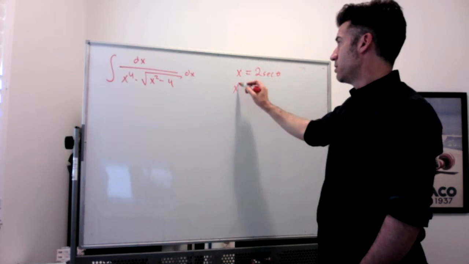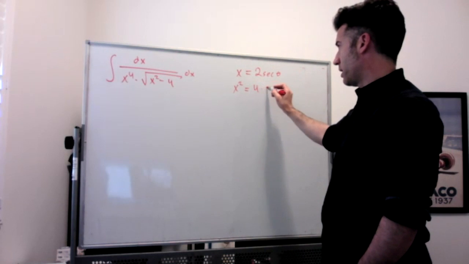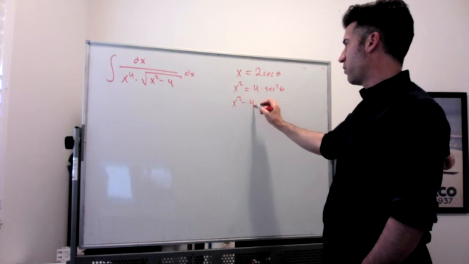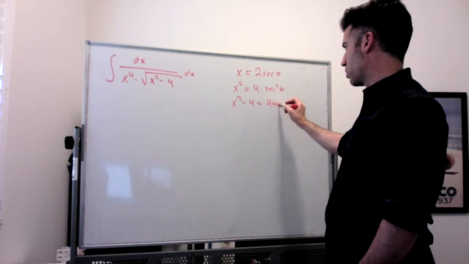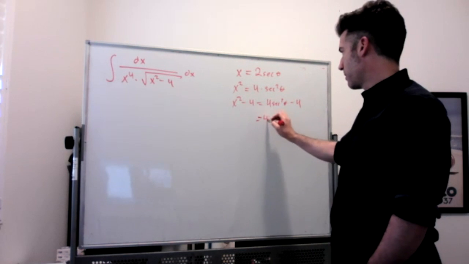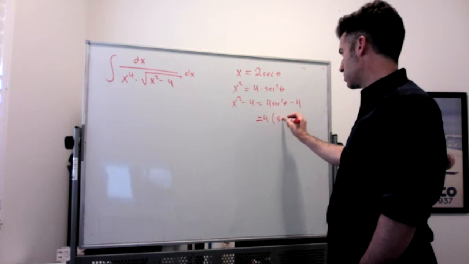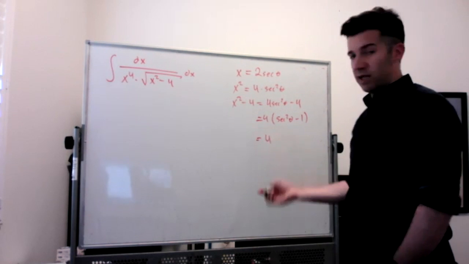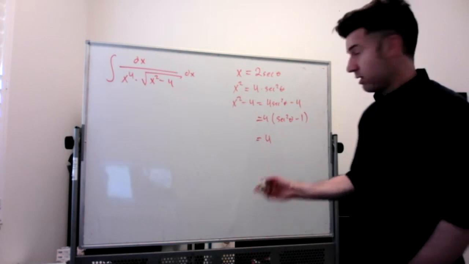Because x squared is going to be 4 times secant squared of theta, and x squared minus 4 will be 4 secant squared theta minus 4. Factor out a 4, you get secant squared theta minus 1. And we know that secant squared theta minus 1 is equal to tangent squared theta.